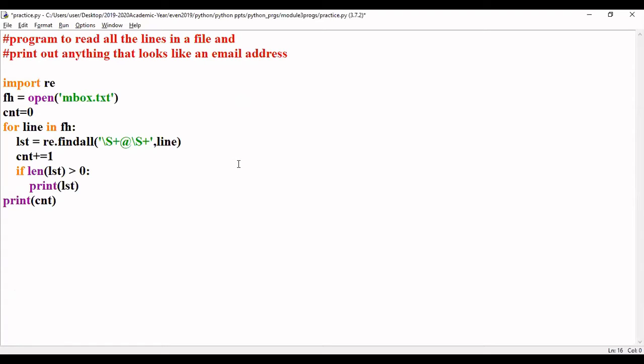Now, if you start seeing, the regular expression is getting a bit complicated, right? This is why it is said that regular expressions are their own little language unto themselves.